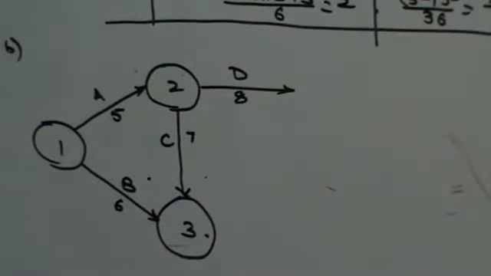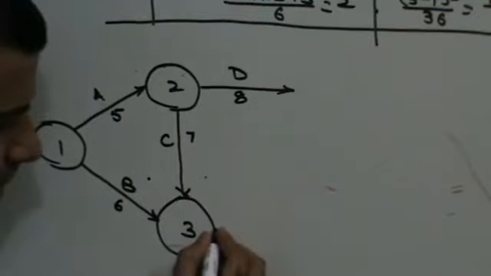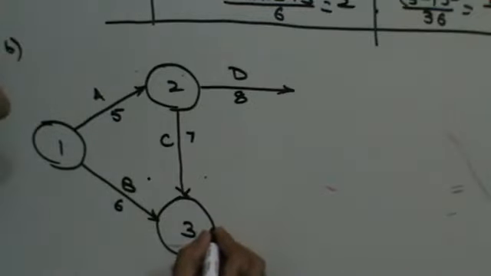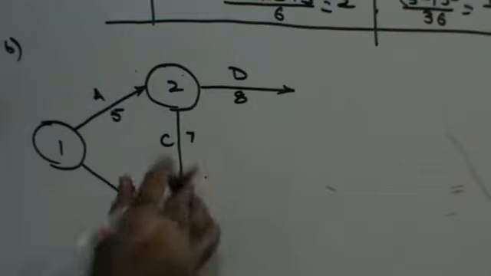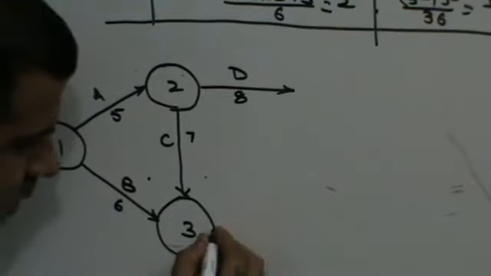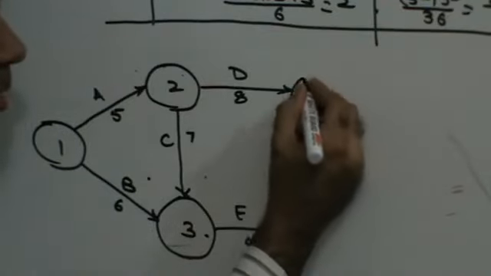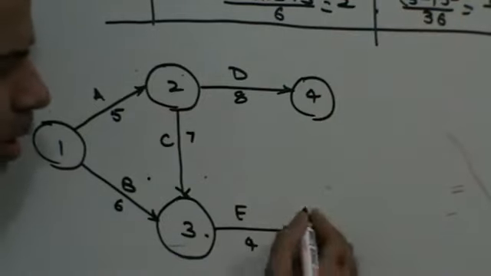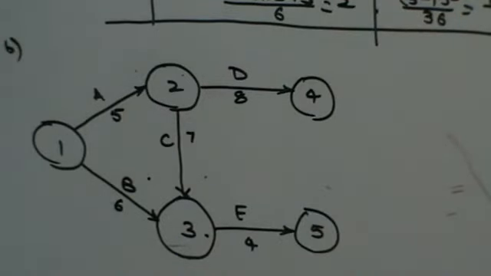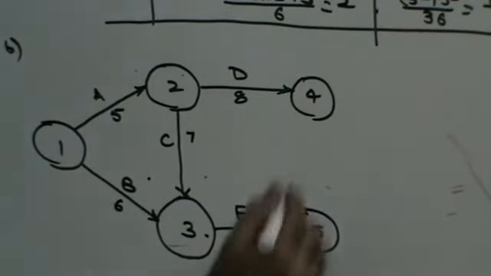B and C combine to give you E. E is 4 days, right? This is 4 and this is 5, right?